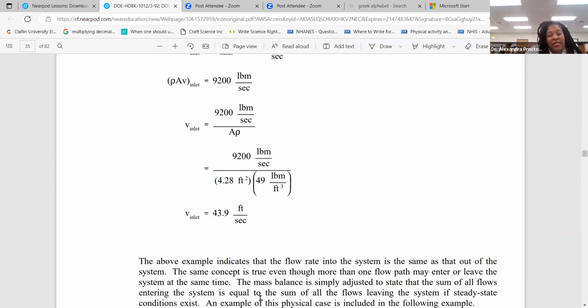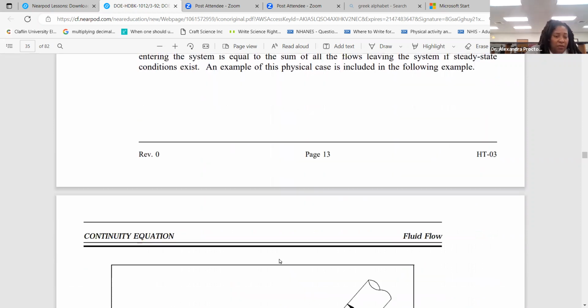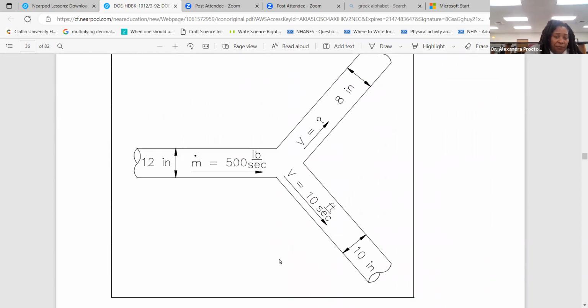Mass balance is simply adjusted to state that the sum of all flows entering the system is equal to the sum of all flows leaving the system if steady state conditions exist. So an example of this physical case is included in the following example.